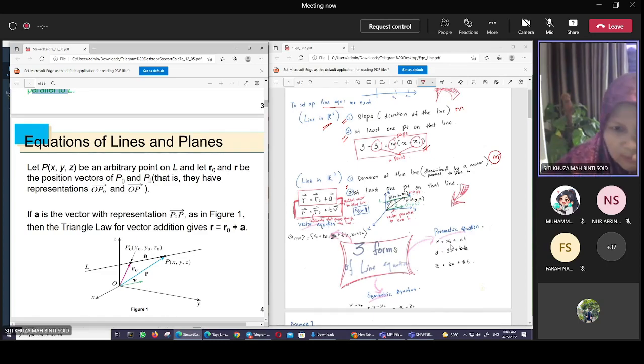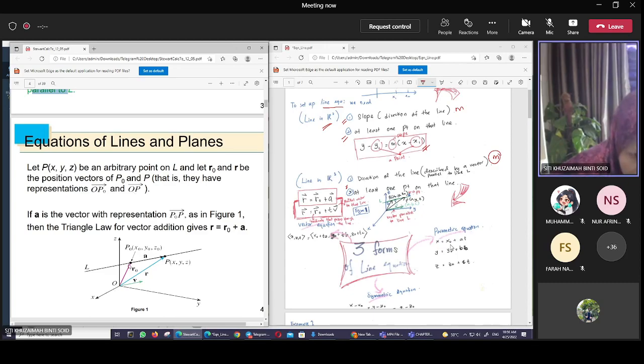As we recall from last time, this is the vector R0 and this is vector R. They are the position vectors of P0 and P, so we can write R0 and R as OP0 and OP.